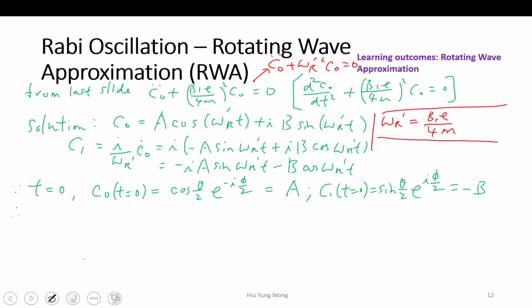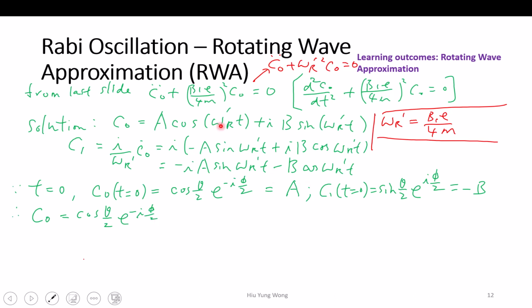Therefore, C0 equals, pretty complicated, cosine theta divided by 2 e to the power negative I phi divided by 2, right?